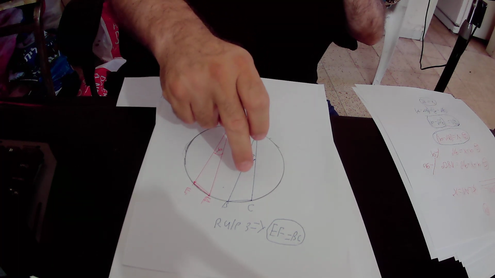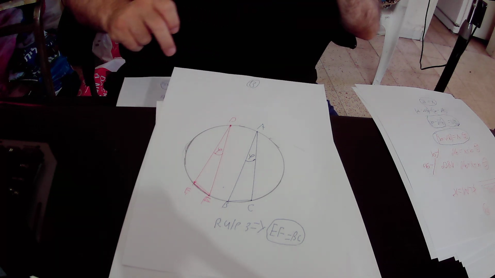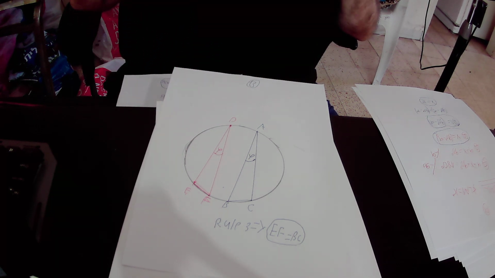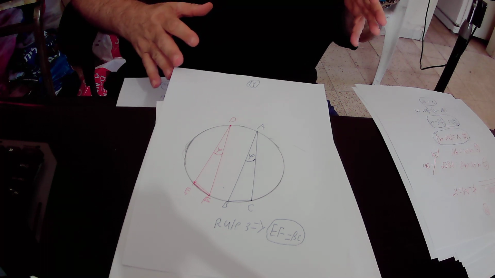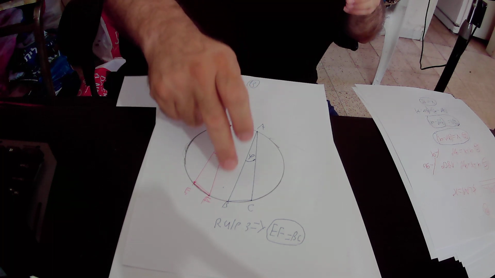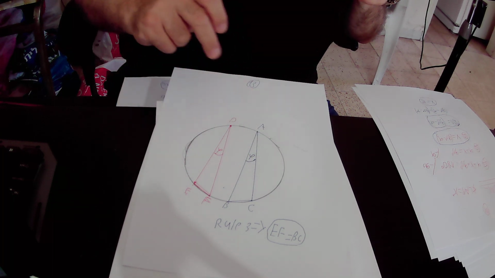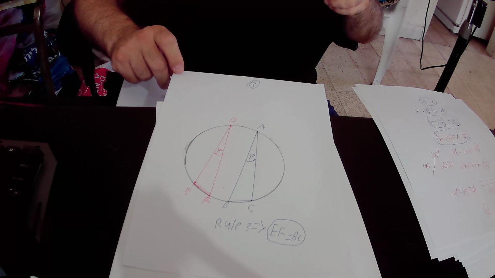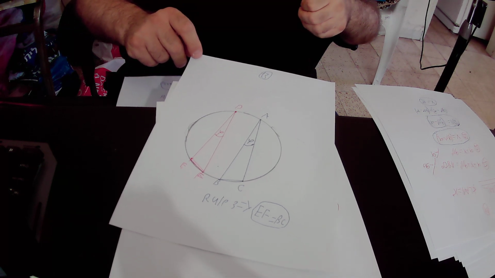So if we have two peripheral angles that are equal to each other, then they also rest on equal chords. Okay, so this is the explanation of rule number 3.